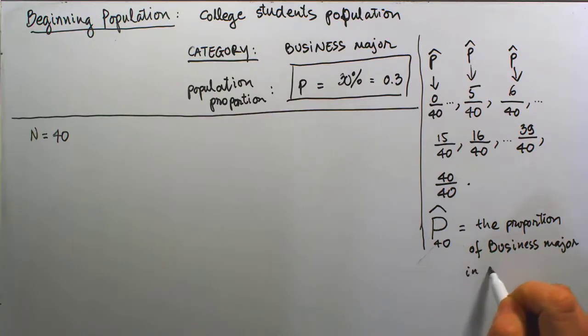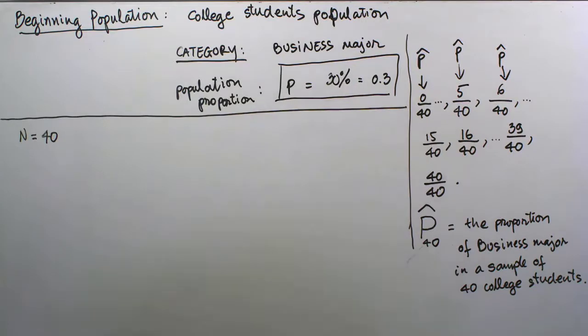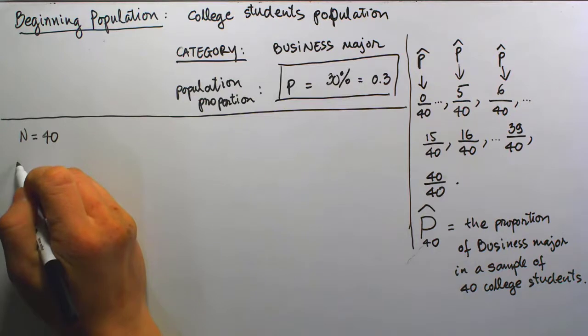in a sample of 40 college students. All right, so now this is a population of sample proportion values. Or we can write the formal definition here.